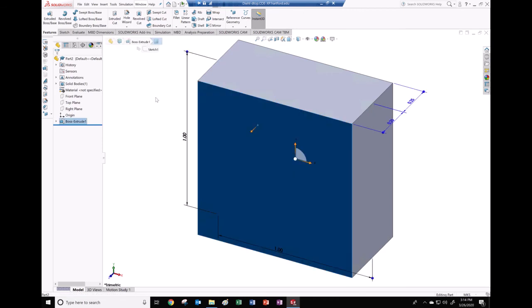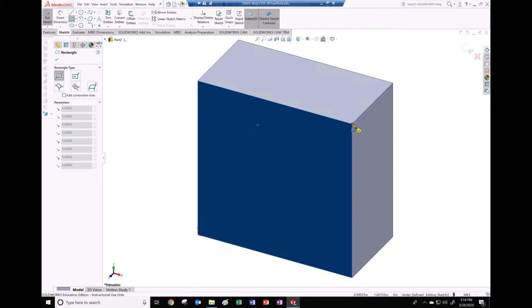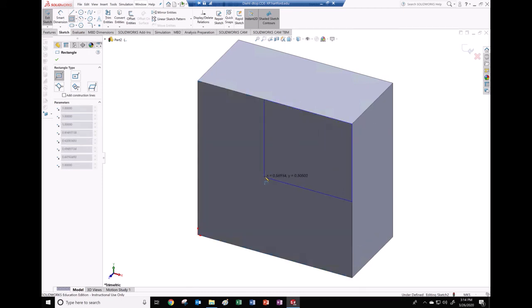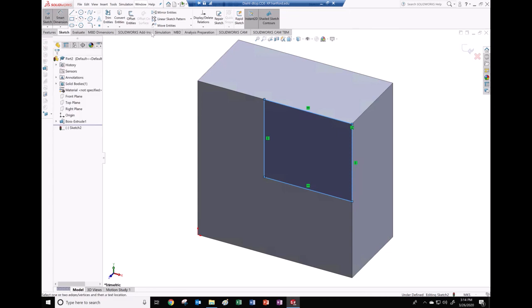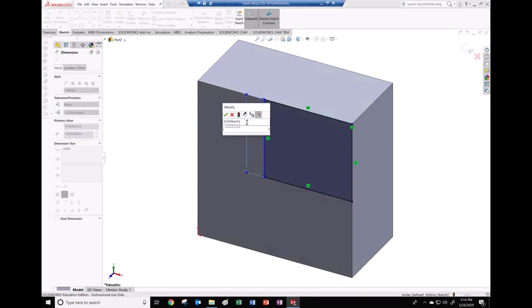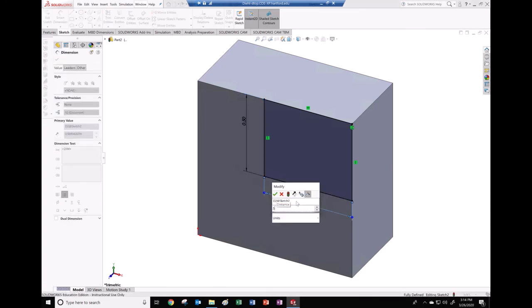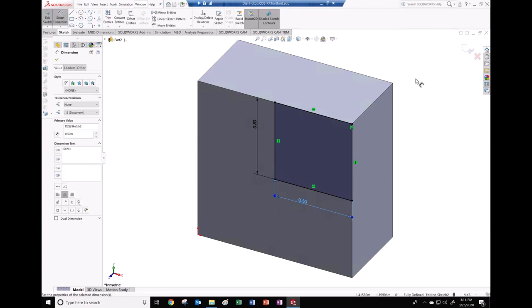And then I will make a cutout of this. So I will take a sketch and grab that corner over there and make this 0.5, and make this 0.5. And you'll see that the sketch is now black.